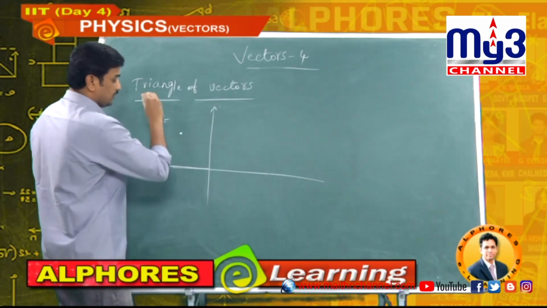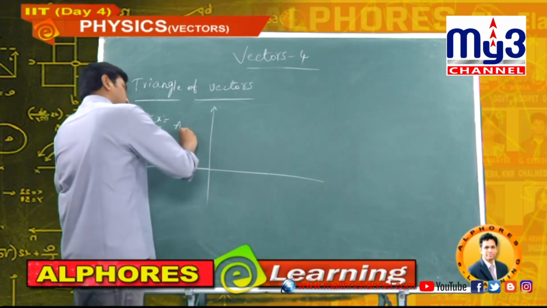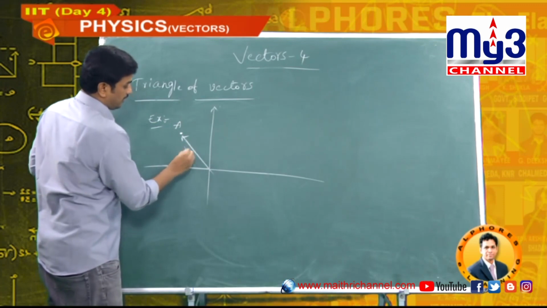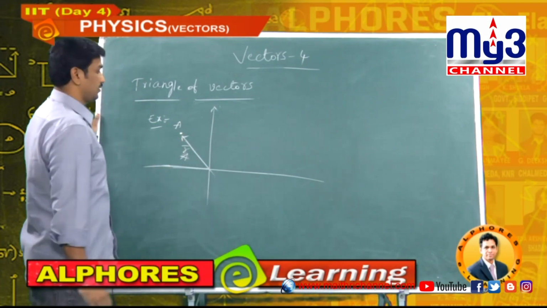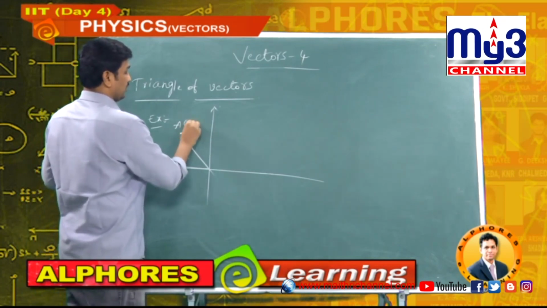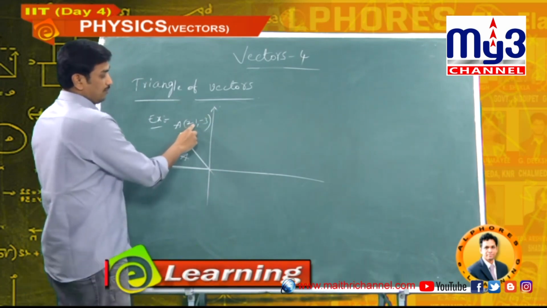See, the particle is initially at a point A. Where is the position of the particle? RA bar, the position of the particle at t equal to 0. Let this be 2, 1, minus 3.